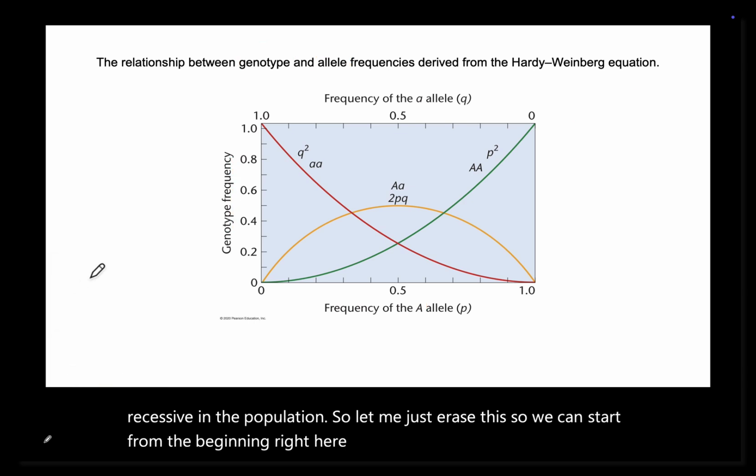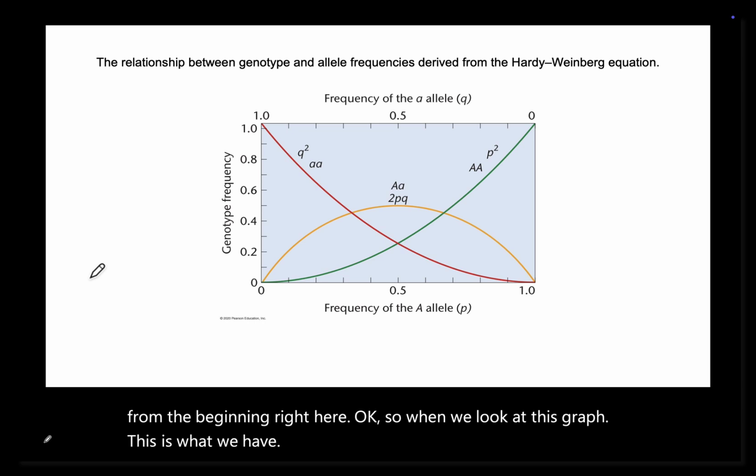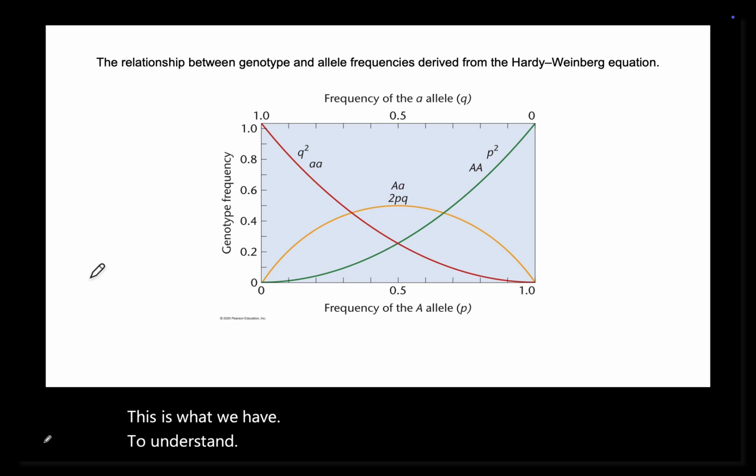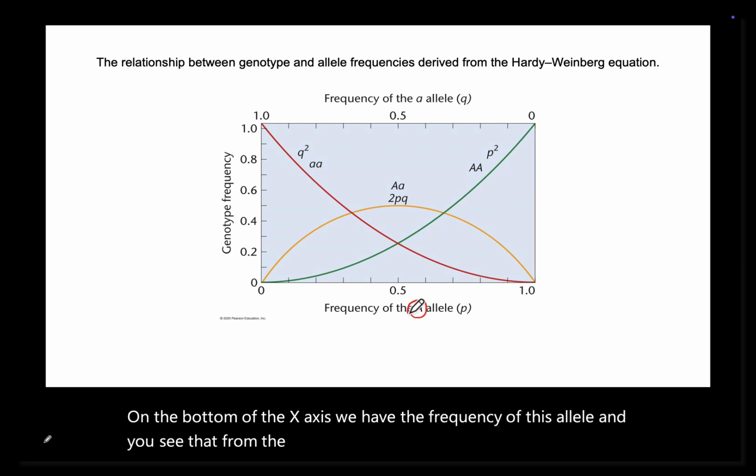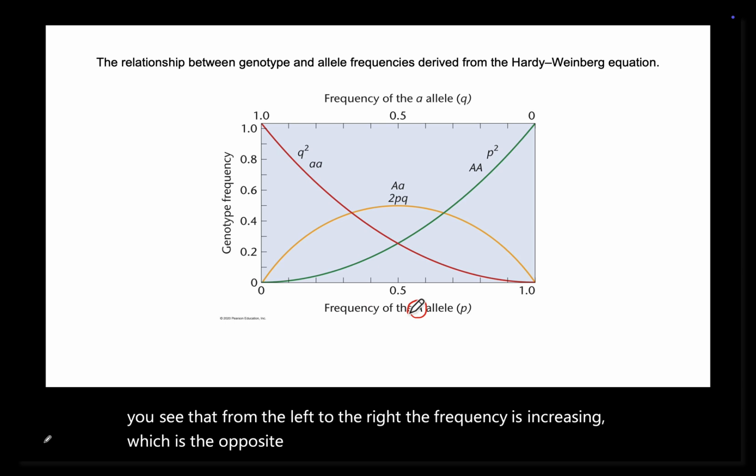Okay, so when we look at this graph, this is what we have to understand. On the bottom of the x-axis, we have the frequency of this allele. And you see that from the left to the right, the frequency is increasing, which is the opposite for the frequency of the recessive allele.